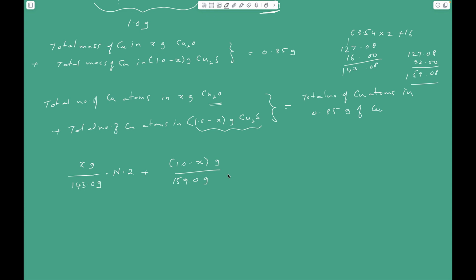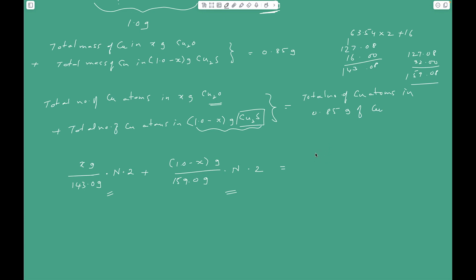You would get the number of moles of cuprous sulfide. To get the number of formula units of cuprous sulfide in so many moles, you multiply it with Avogadro's number. Then in each formula unit there are 2 copper atoms, so multiply it with 2. So this is the total number of copper atoms in 1 minus x grams of cuprous sulfide. This is the total number of copper atoms in x grams of cuprous oxide.